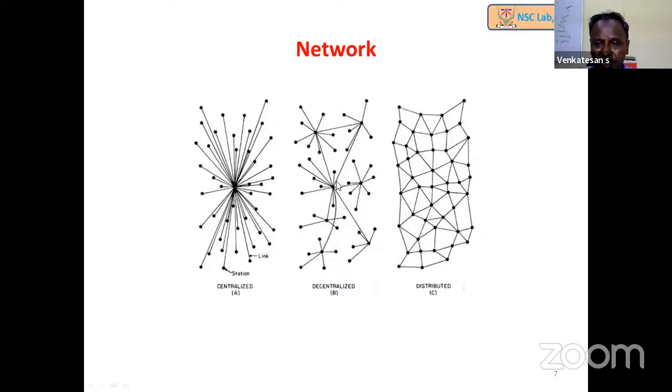But here it is not like that. If this node gets compromised or is down, only these parts get affected, not all of them. Similarly here also, even if this link is down, this particular subnet will get the service through this place. So this is decentralized.